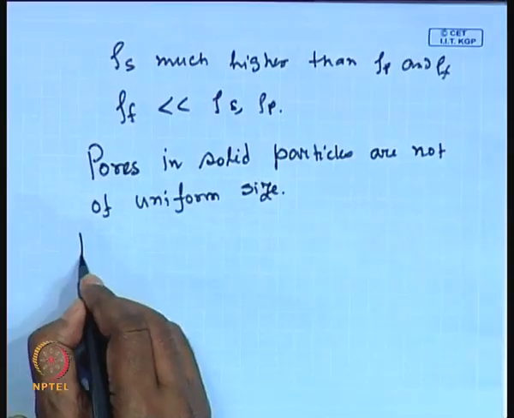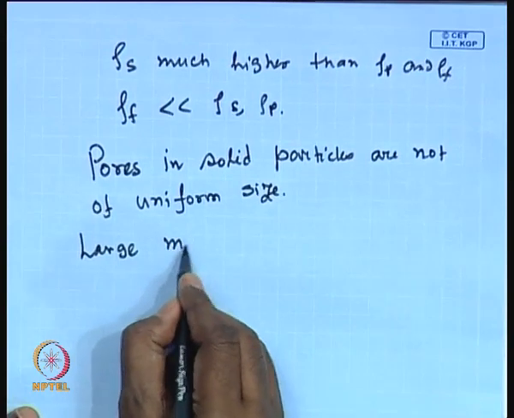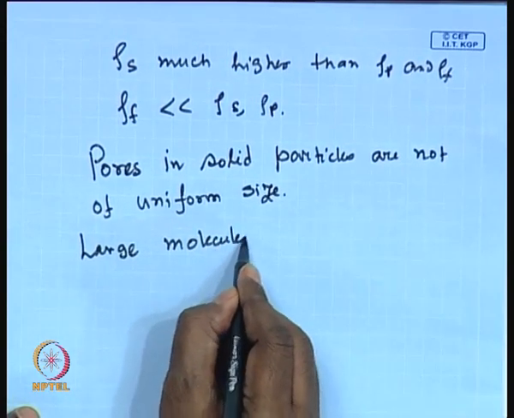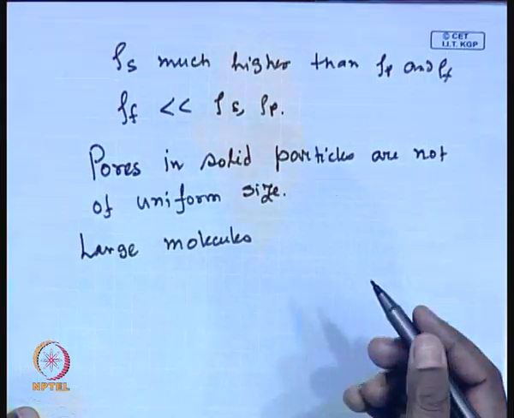So, large molecules may be sterically excluded from the pores. Therefore, it is always possible that large molecules cannot go inside the pores because their size is more. This is called steric exclusion, or size exclusion.